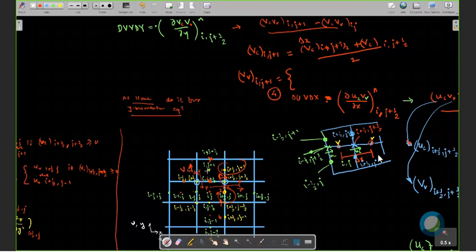So it will be this value. Otherwise, it will be the other value, V at j plus 3 by 2. So that we have to insert here.